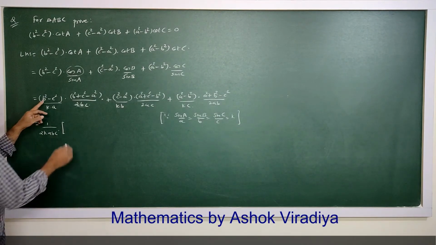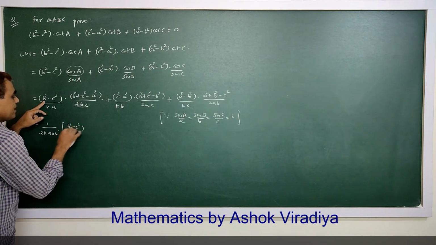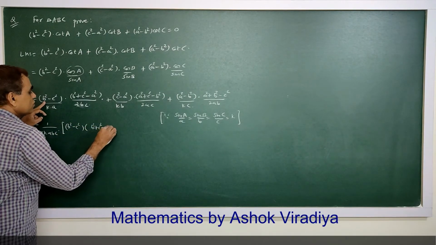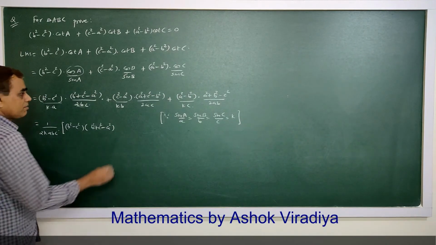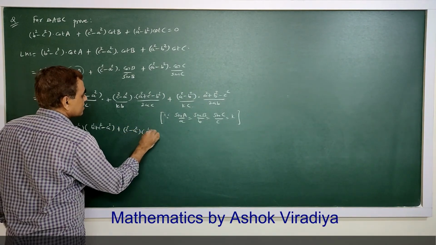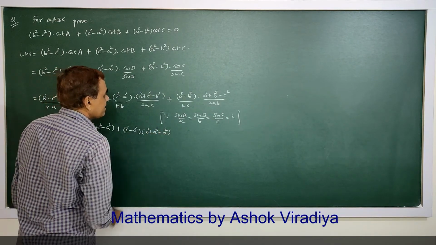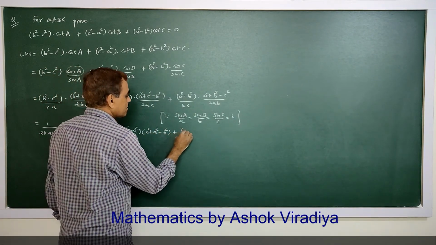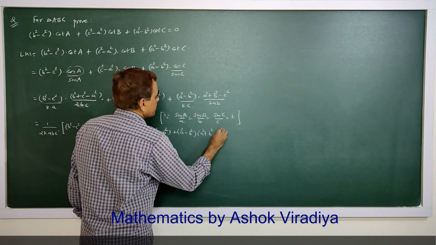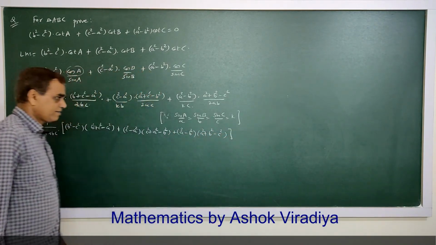In the bracket what is left is b square minus c square into b square plus c square minus a square, plus c square minus a square into c square plus a square minus b square, plus a square minus b square into a square plus b square minus c square.